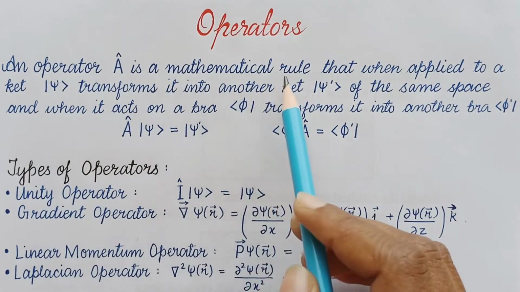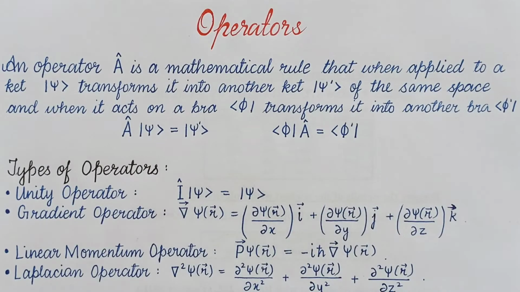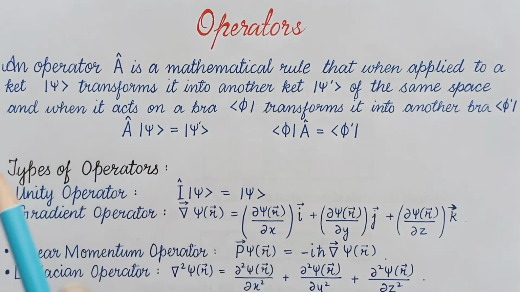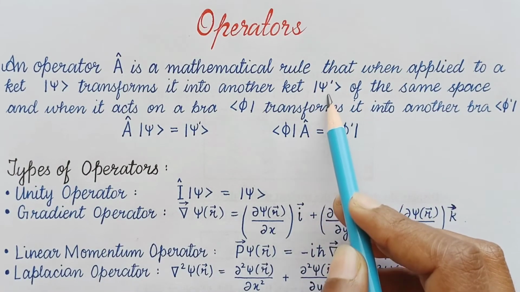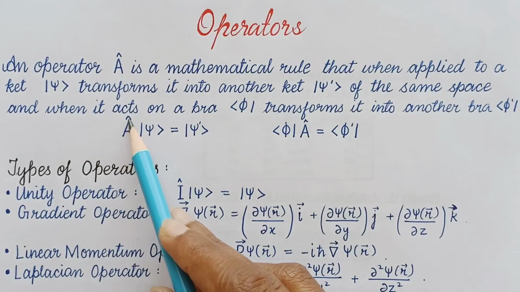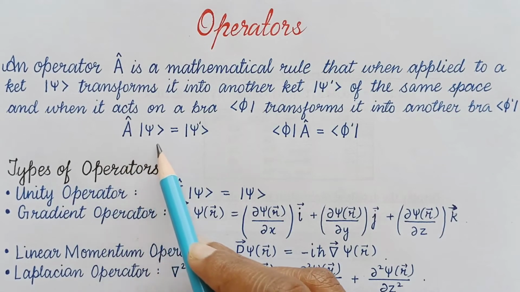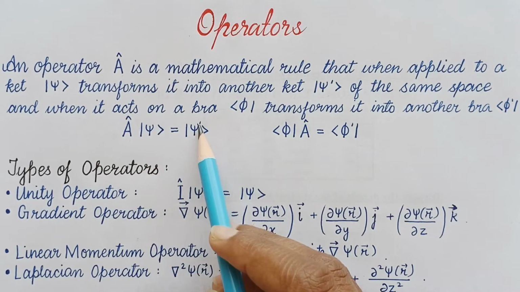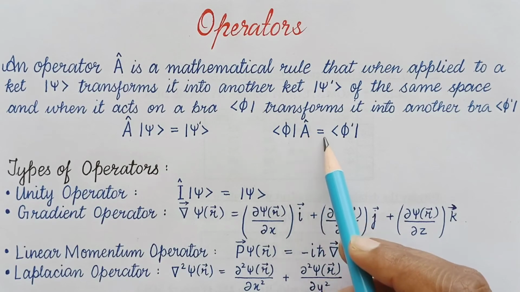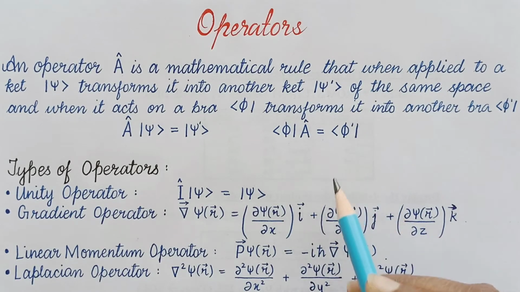An operator is a mathematical rule. If we apply this operator A cap on the ket psi, then it will transform it into another ket, that is ket psi dash. Mathematically we write it as A cap ket psi gives ket psi dash. Or if we talk about bra, then bra phi A cap gives bra phi dash.